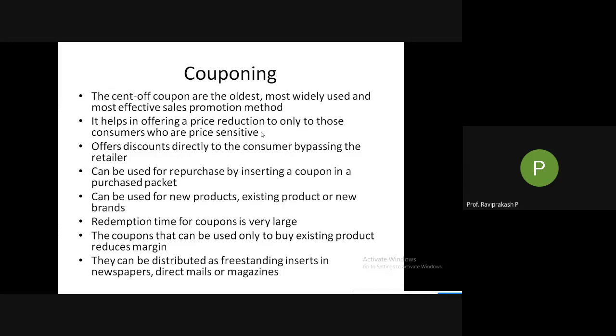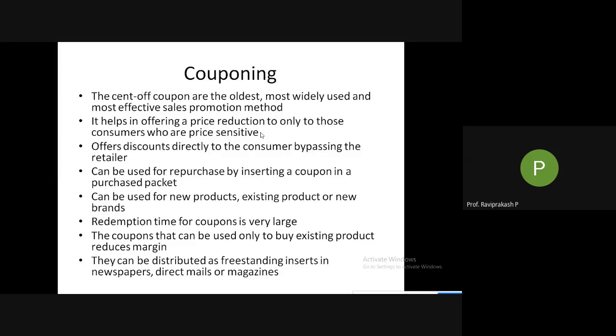When you show your coupon the next time you purchase the product, the quantity is increased or the price reduced. Coupons might also have a deadline, so you have to buy within a month or two.